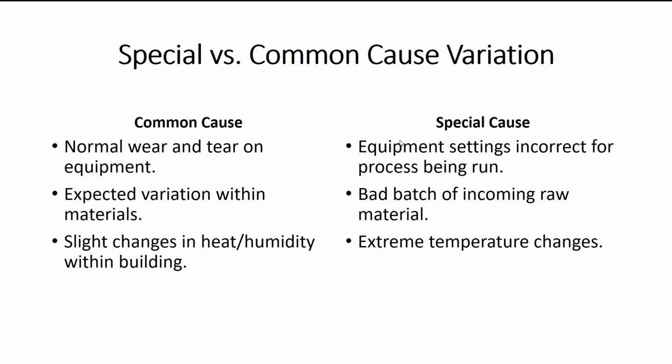If you're expecting a 2x4 to be 8 feet long and it's plus or minus a couple of 1/16 of an inch, that's generally considered a common cause. Special cause is it comes in only 6 feet long rather than 8. Extreme temperature changes. So this is maybe your HVAC system breaks down, work is slow, or metal starts to expand and causes parts to be bad.